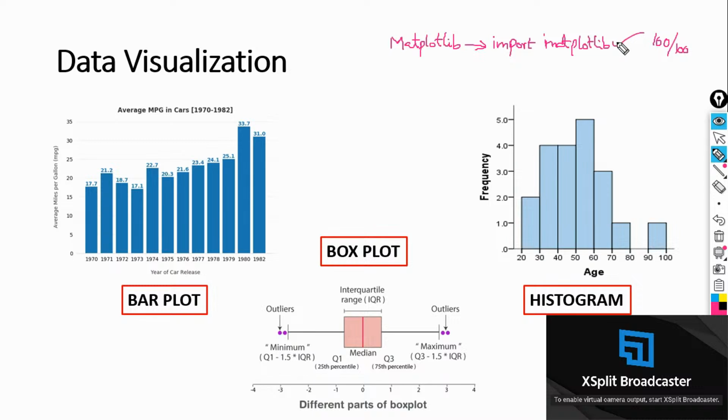The reason is matplotlib is available on your system as a folder. Who installed it? Did I install it? Question to all of you: who installed it? Did I install it in your systems? No, right?